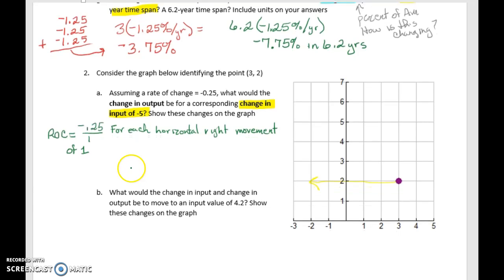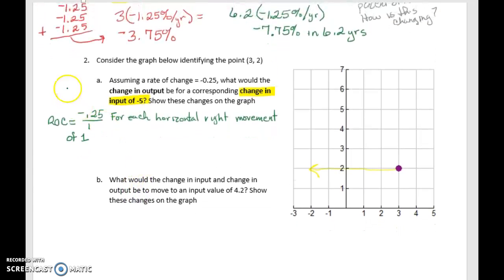So for each horizontal right movement of 1 unit, there is a negative or downward movement, or a vertical movement downward. There is a downward movement of 0.25 units.